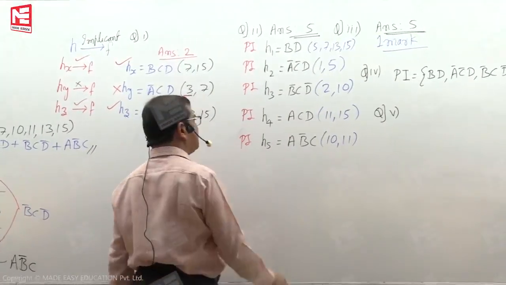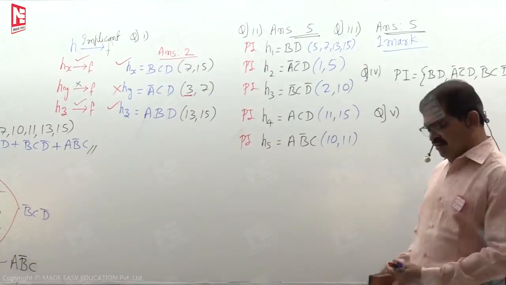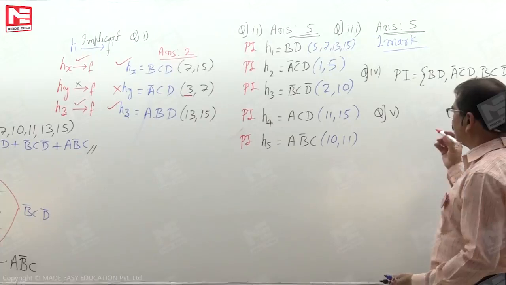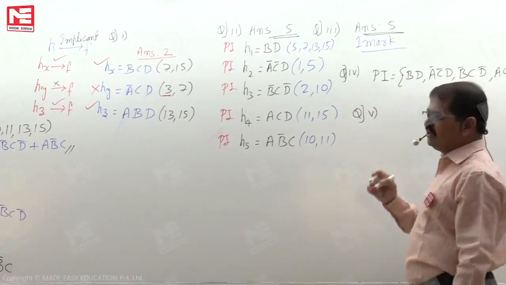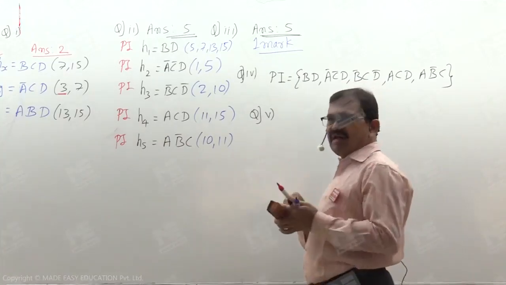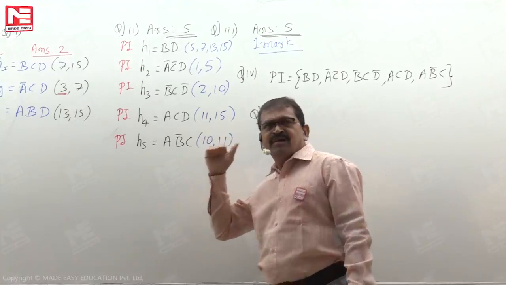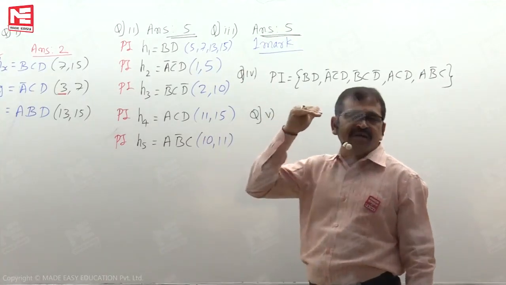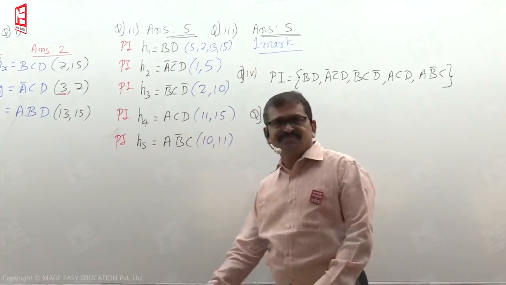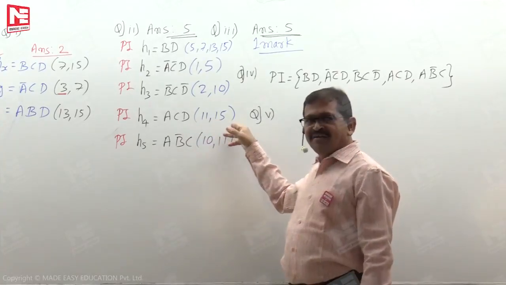Let us check whether H4 is an EPI or not. H4 is ACD. What is the statement we have for EPI? An essential prime implicant is a prime implicant. It must cover at least one minterm which is not covered by any other prime implicant. H4 is covering 11 and 15.